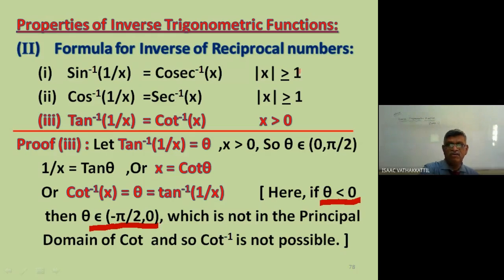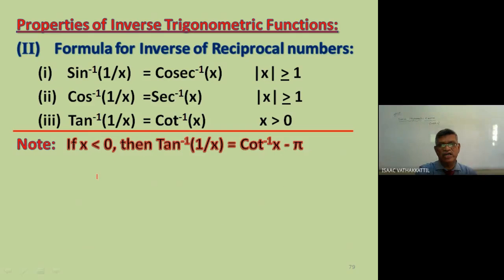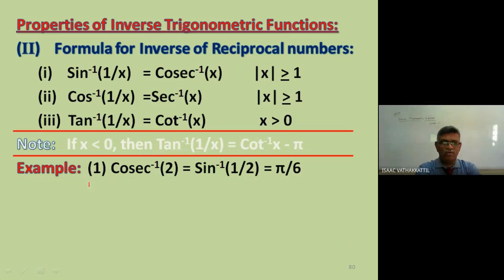That is the reason we cannot accommodate negative x here. Of course, we can have a result: if x is less than 0, you can easily prove that tan inverse 1 by x is cot inverse x minus pi. But as the result is not given for you, you can avoid that. In case you encounter it, we apply the first result and make the negative number positive by applying result 1. Let us take some examples.